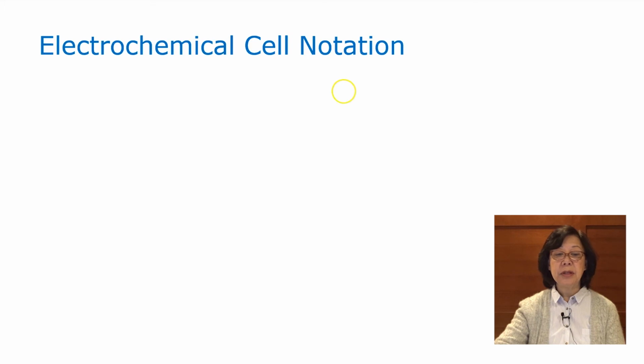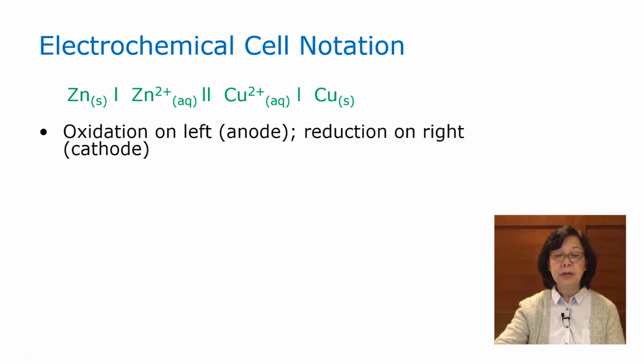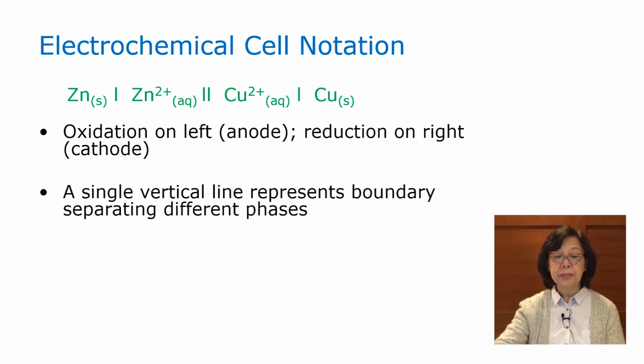Another thing we need to learn is how to represent the cell setup in terms of cell notation. Now, here we have the oxidation on the left-hand side, meaning it's happening at the anode when zinc is oxidized to zinc 2 plus ion, and the reduction is notated on the right-hand side, representing the reduction at the cathode.